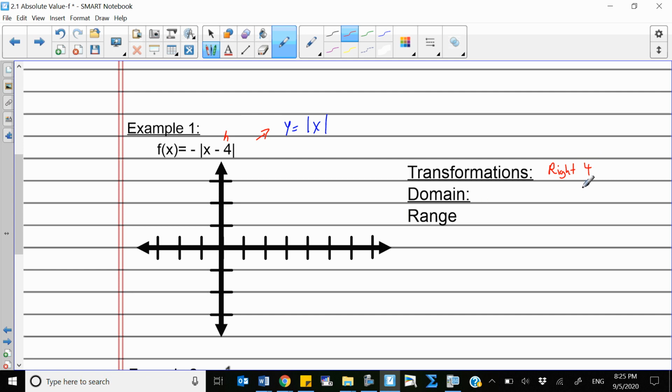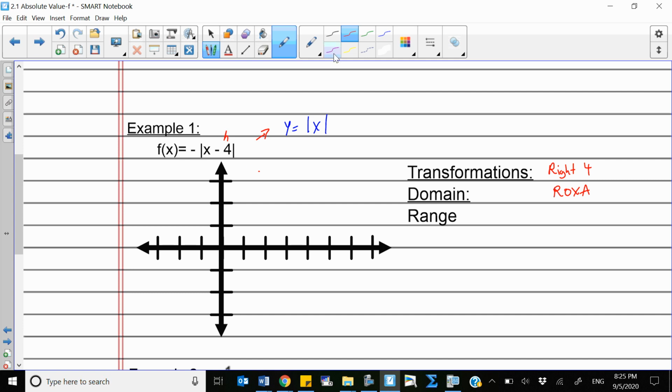So right 4. Another transformation that I see here is this negative value. So this negative value means that we have a reflection over the x-axis.